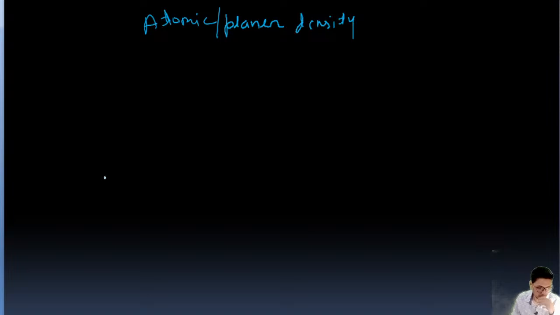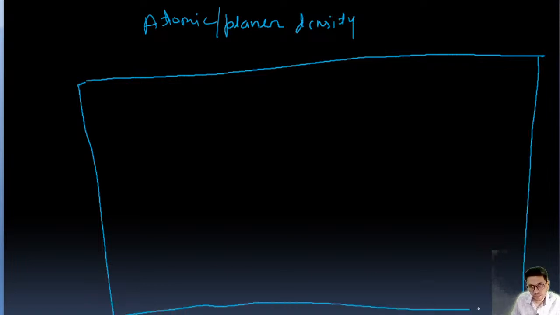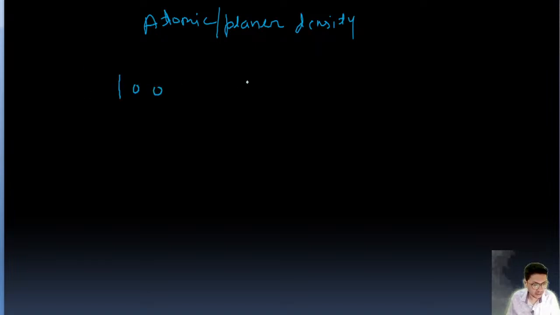Atomic oblique planar density. So I'll write: this is for the 100 plane, this is for the 110 plane, and this is for the 111 plane.